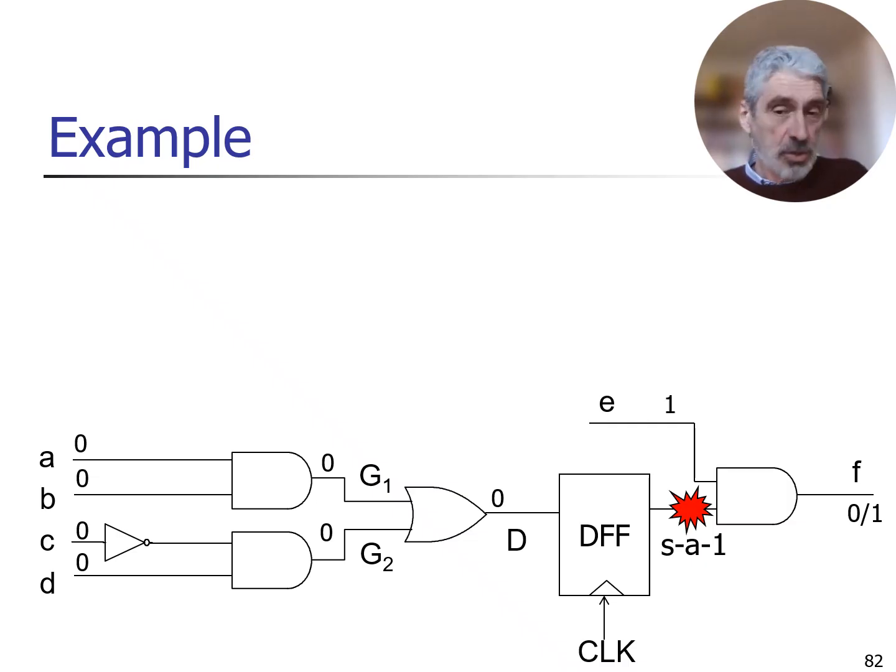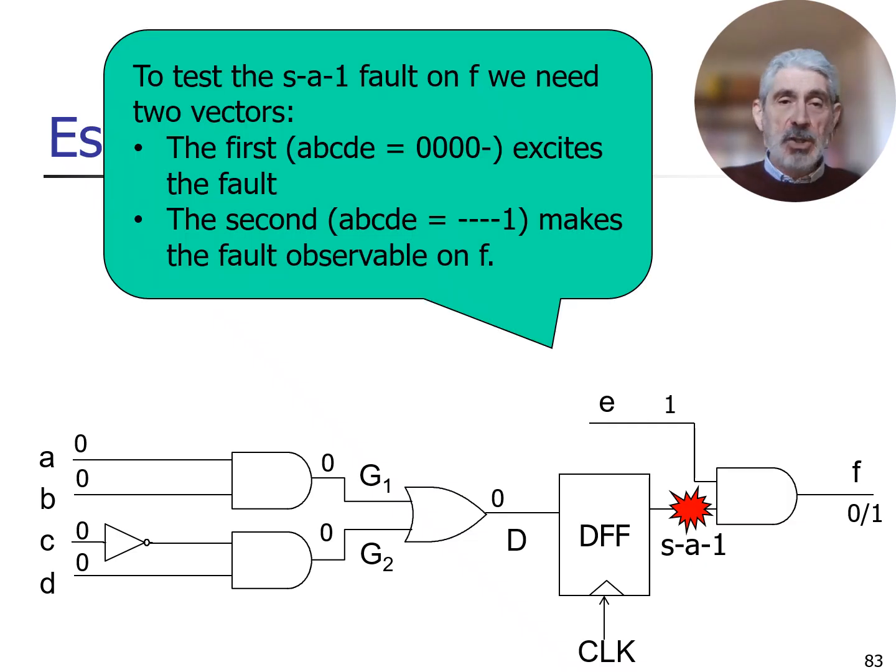And in the following clock cycle, I will force E to 1 in order to propagate the fault effect to the output F. So we need two test vectors, a test sequence composed of two clock cycles in order to detect my fault, excuse me.